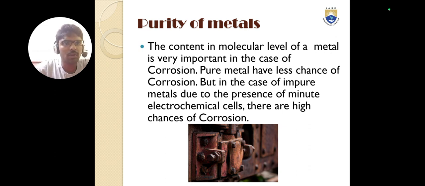Content at the molecular level of a metal is very important. In the case of corrosion, pure metals have less chance of corrosion, but in the case of impure metals, due to the presence of minute electrochemical cells, they have a high chance of corrosion.